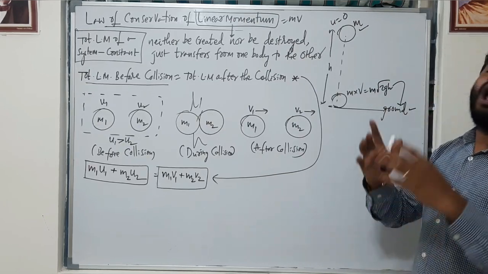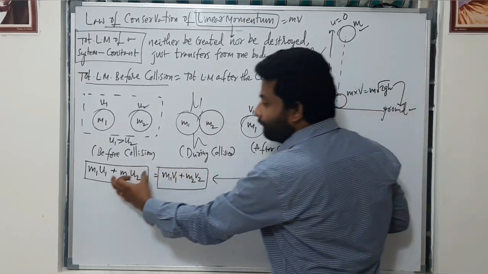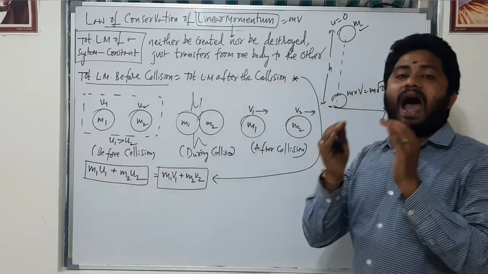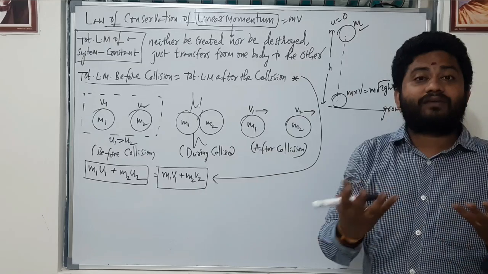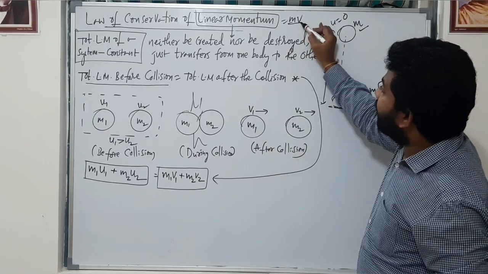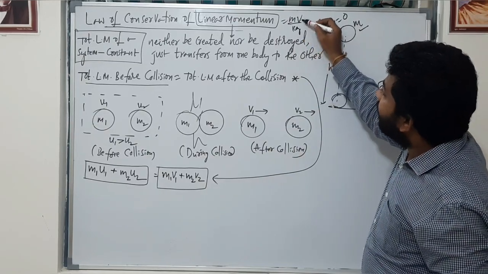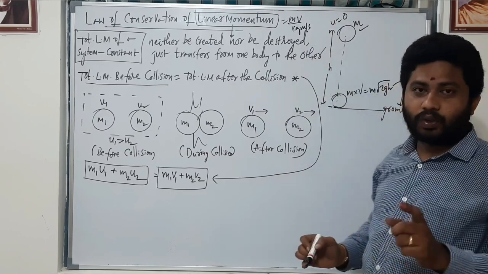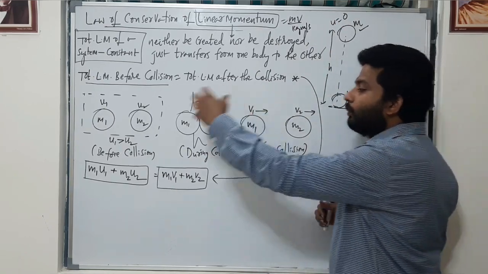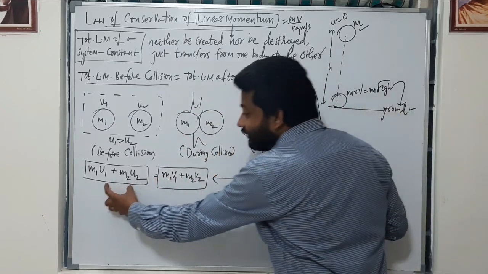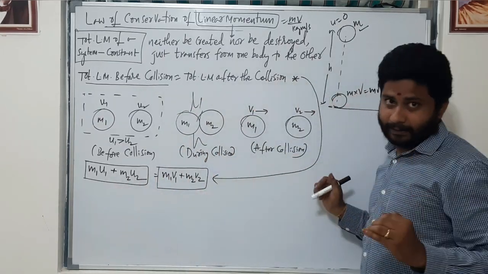For example, the linear momentum before the collision is some 100 kg meter per second. What is the SI unit of linear momentum? It's mass into velocity, so kg times meter per second. For example, before the collision, the linear momentum of the system is 100 kg meter per second.